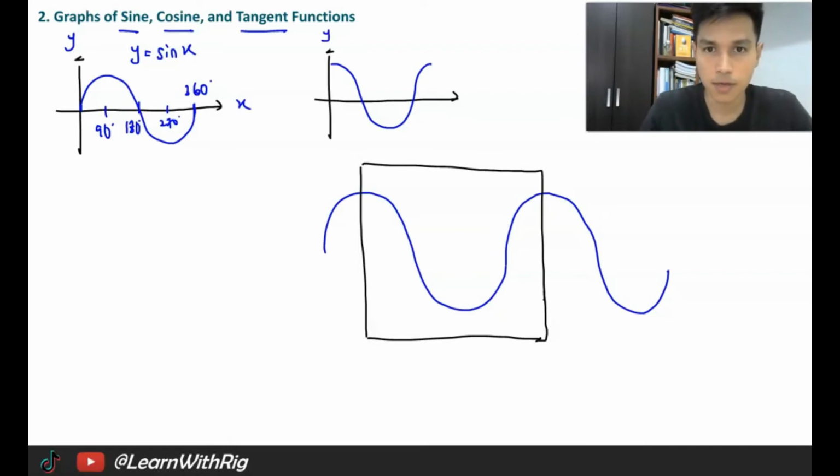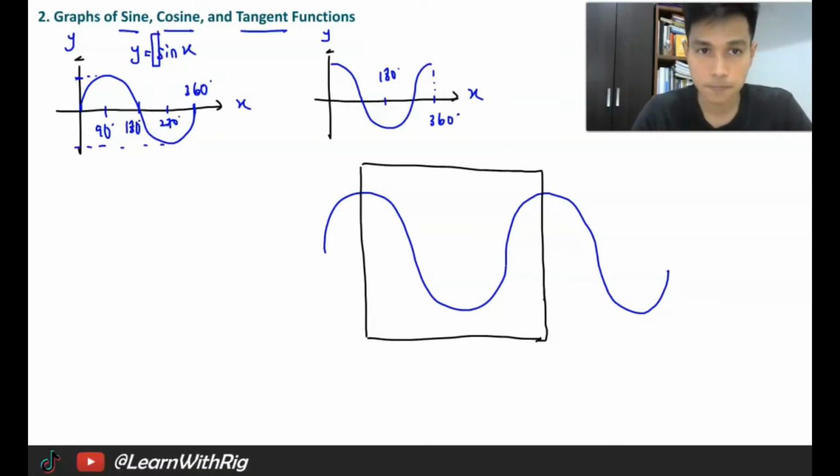So here again y, here x. So here would be your full cycle. So here is 360. Here would be 180. If you want to label the 90, 270 is also okay, but I won't. By the way, I forgot to tell you, this thing here is what we call the amplitude, the height of the graph. The amplitude is the number in front of sine x, whatever number it is.